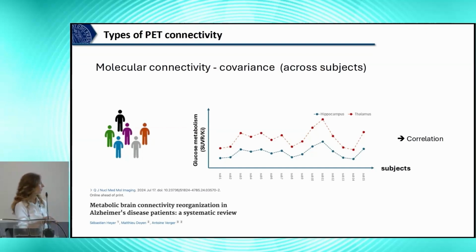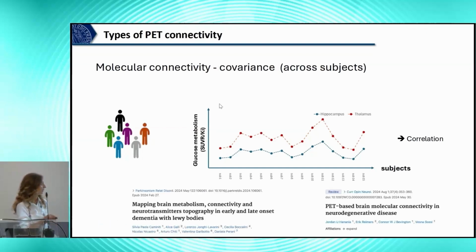This is one, we have a second one, and I also highlighted the latest results concerning neurodegenerative disease, using this PET connectivity, this molecular connectivity covariance, as a biomarker to detect the regions that are affected by the disease, considering the metabolic response. This is one possibility.